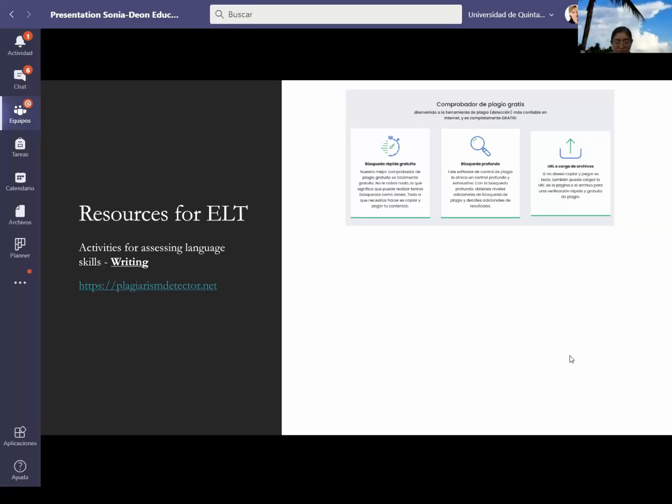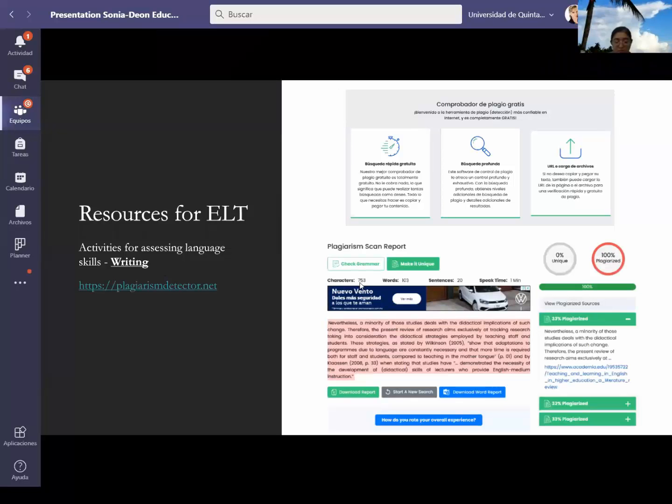So in that case, this website is a very helpful tool because, again, you can either upload a file or you can just do the paragraph which you think is being plagiarized. You copy and paste it into the box, and you just click one button and it'll tell you automatically the percentage of the text that's plagiarized.